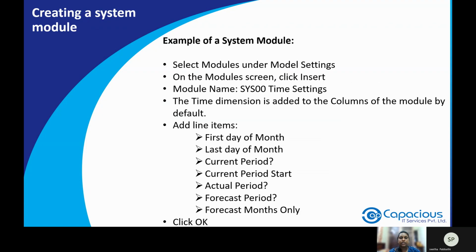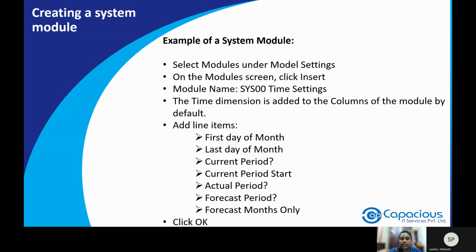And here is the example that I have shown for the system module. Initially we have to go to model settings, and we have to create a module by clicking on insert in modules. After we click on insert, we have to give a particular name for that system module. In this case, I have given sys00 time settings. After creating that module, we can take the dimensions as rows or pages, in any way we can take.